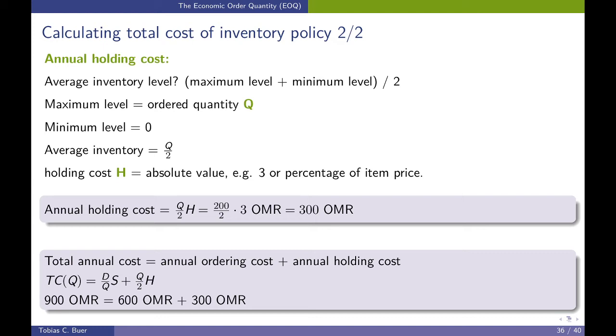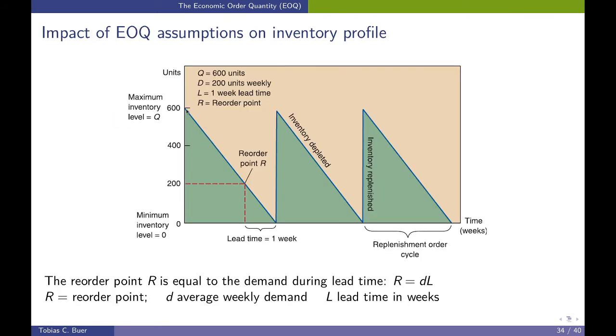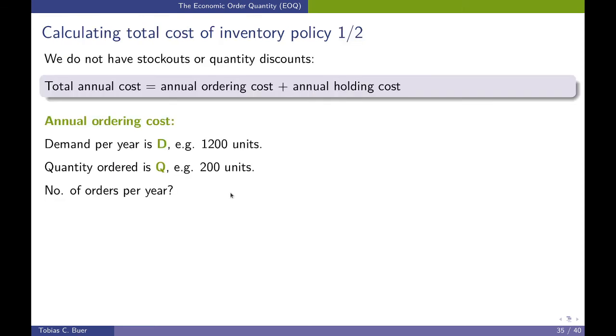This is then exactly the average inventory, or the area of the triangle that is given in this sawtooth pattern, this area.